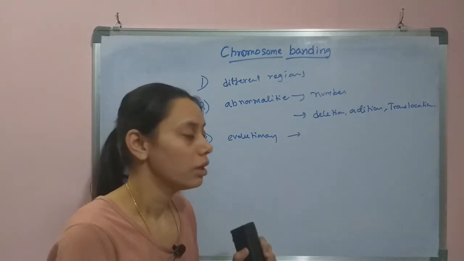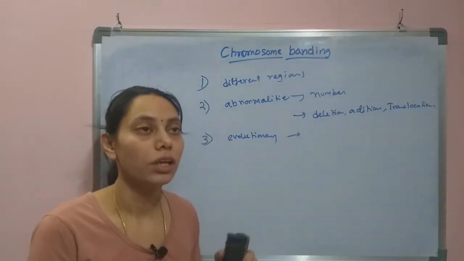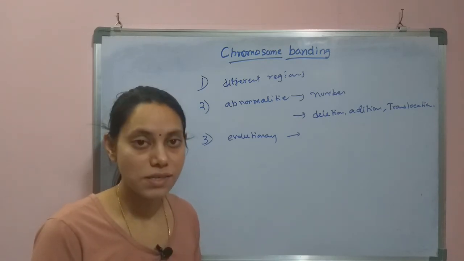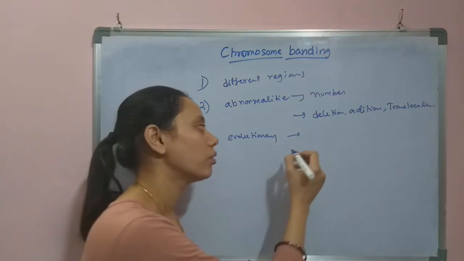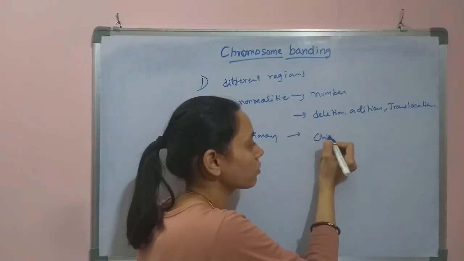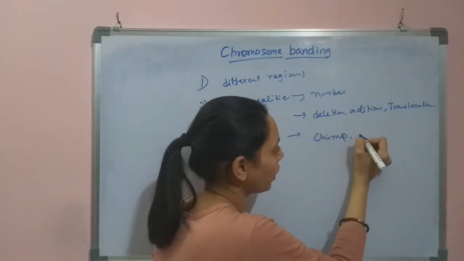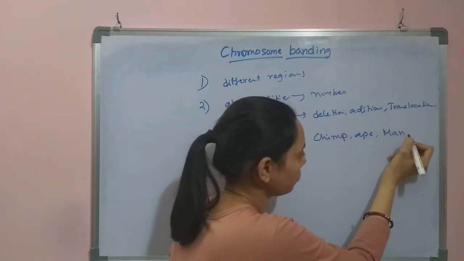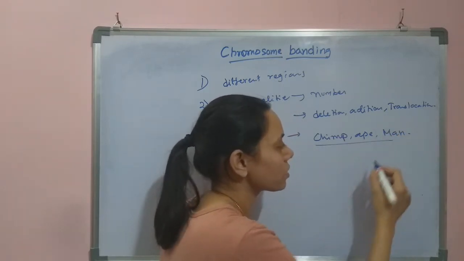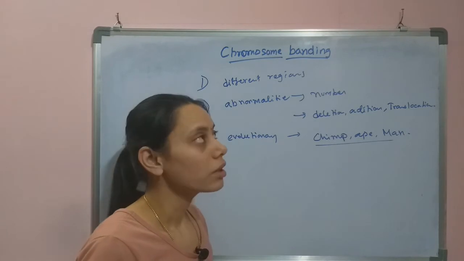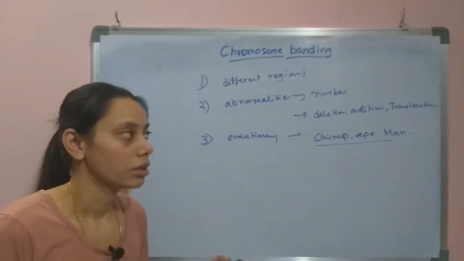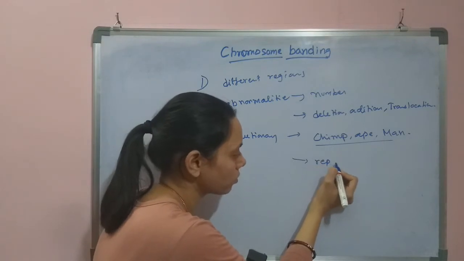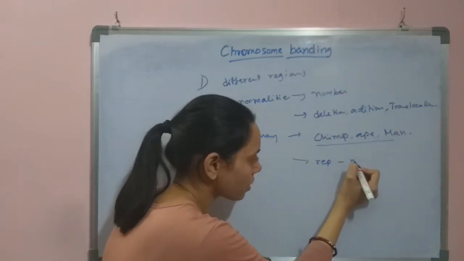For example, the banding patterns of humans and their relatives will be more or less similar. That means the chimpanzee, ape, and man, all these have similar banding patterns. So coming to the reptiles and mammalian.